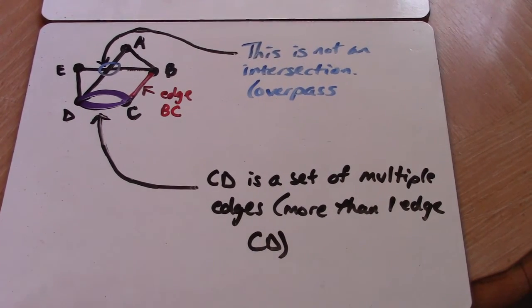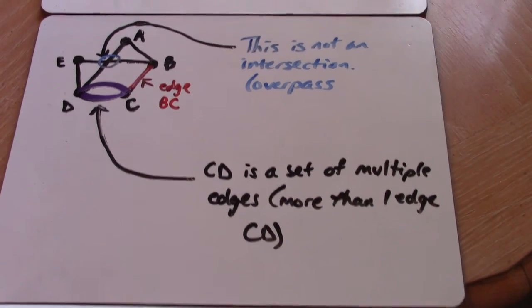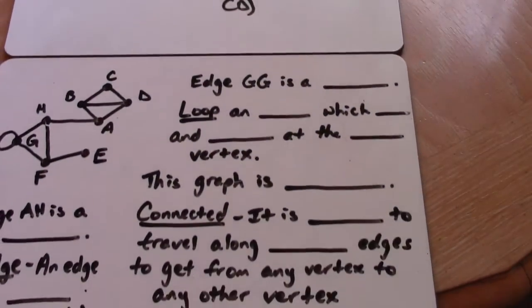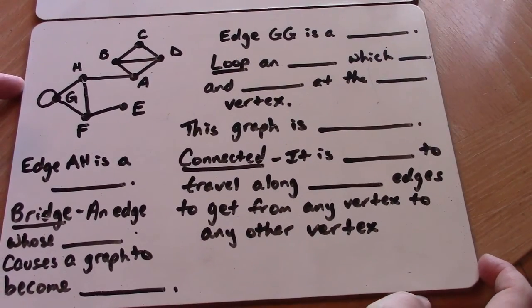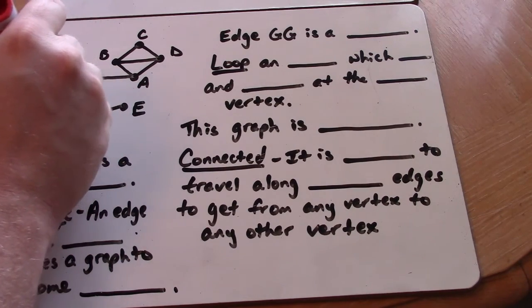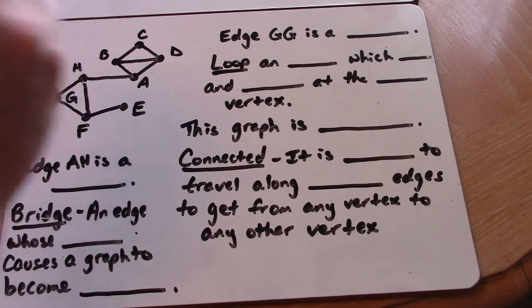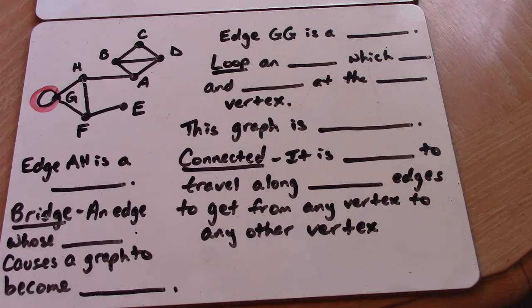One more slide, and then we'll pause this first video and go to the second. This one has a lot of vocabulary on it, so we'll just start at the beginning. Up here on the left, you'll see a graph. In that graph, you'll notice that there is an edge that starts and ends at G. That edge, GG, is known as a loop.